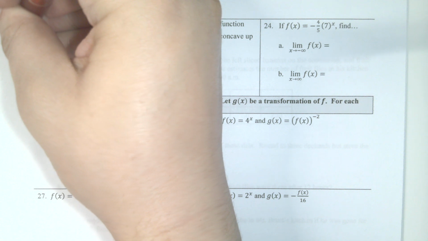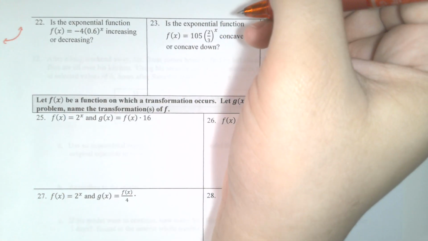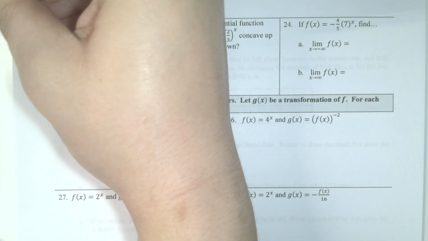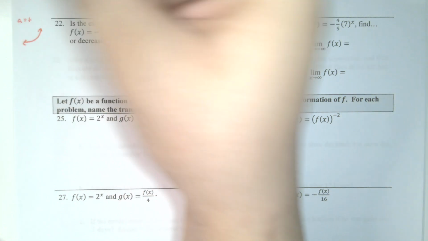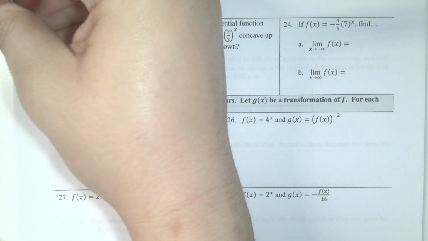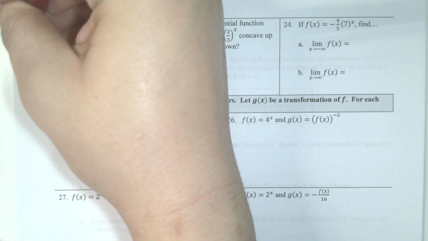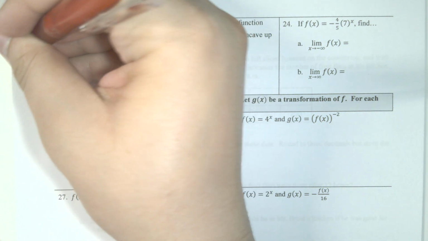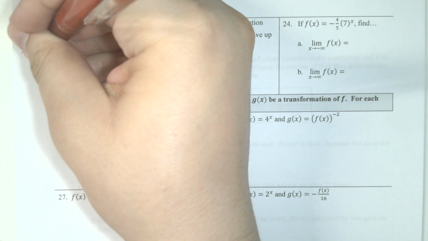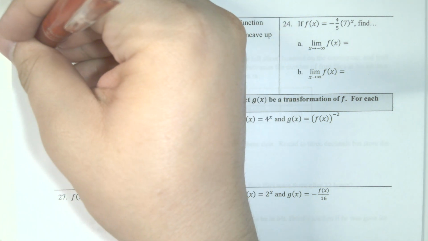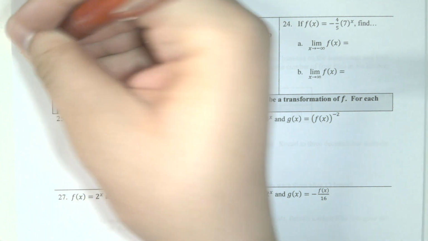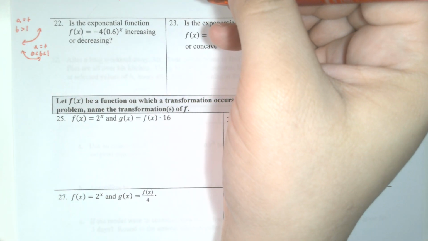Our function looks like this when a is positive and b is greater than 1. And it looks like this when a is positive and b is between 0 and 1.